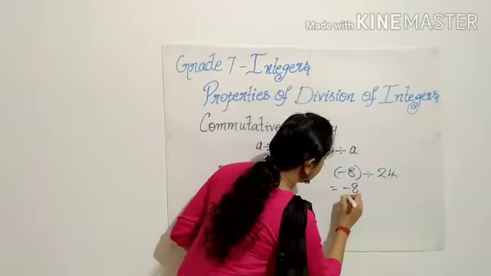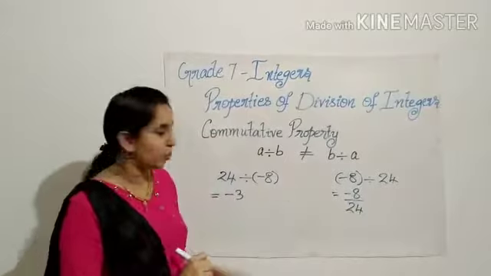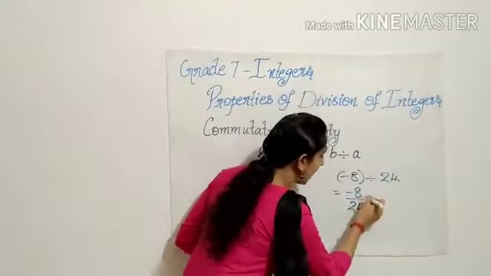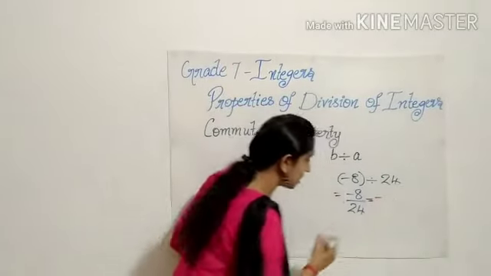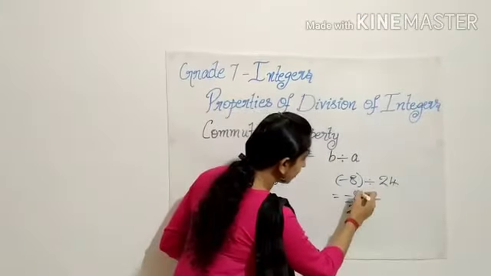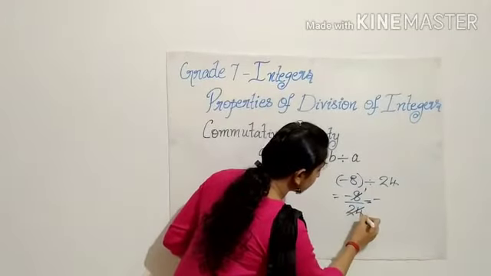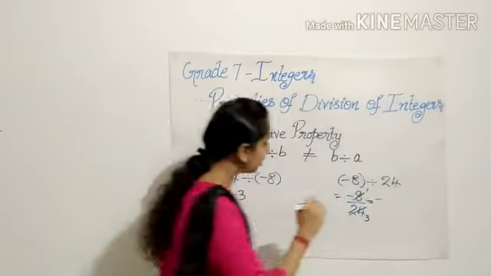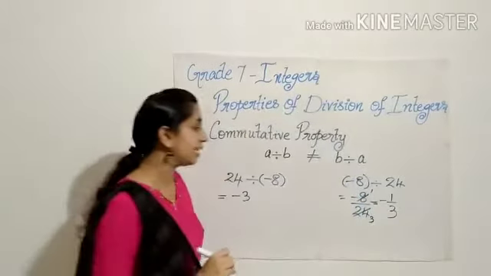-8 divided by 24. What is the answer, children? We can cancel that using 8, right? Negative divided by positive means it is negative. And when we cancel using 8, 8 ones are 8, 8 threes are 24. So what answer we got here? -1/3.